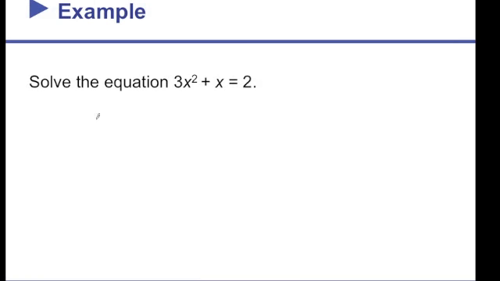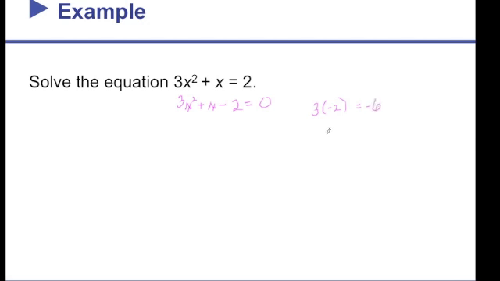We use that zero product property to help us solve equations, and here's an equation right here. First, we're going to get it in the form equal to 0. So 3x squared plus x minus 2 equals 0. We need to factor this into two binomial factors, and I'm going to do it by the grouping method. So first I'm going to take 3 times negative 2, the coefficient of the first term and the last term, multiply them together, I get negative 6.